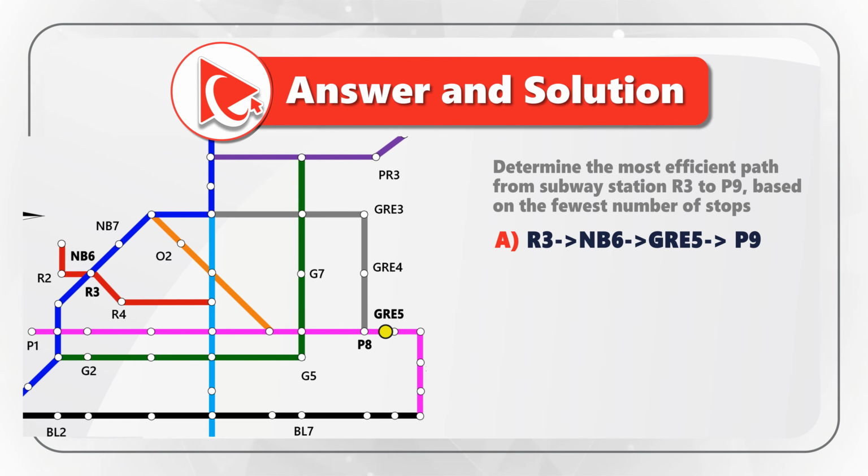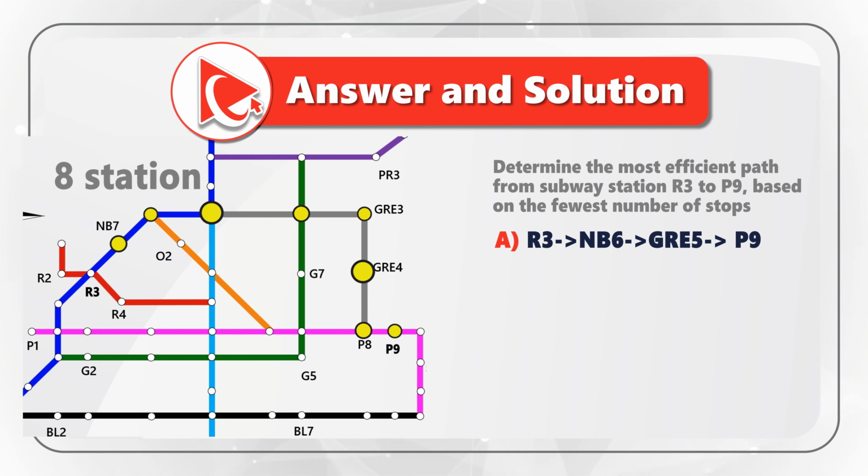And then the last point is P9, which means, if we calculate it closely, that between R3 and P9, there are 8 stations. Let's count them again. 1, 2, 3, 4, 5, 6, 7, 8. So to get from R3 to P9 using the path of choice A, you need to go through 8 stations.